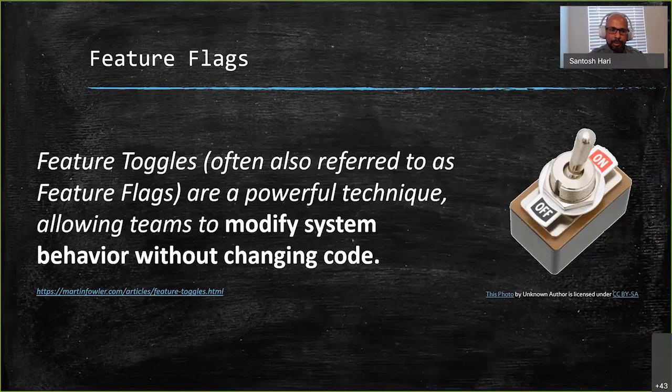Most of you probably know Martin Fowler, and he defines it as a powerful technique for allowing teams to modify system behavior without changing code. And what Geert was talking about in his previous talk is testing in production. You can do some of that using feature flags.